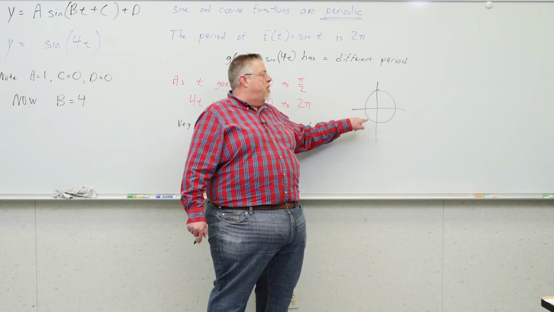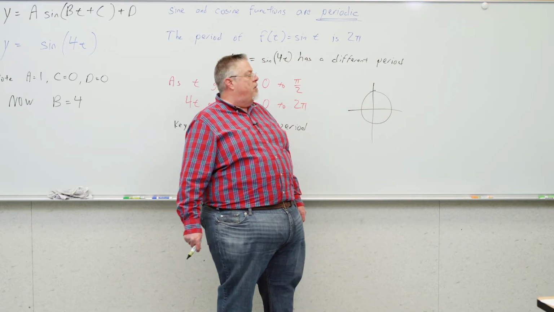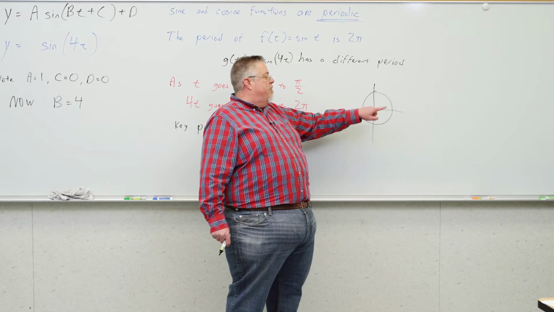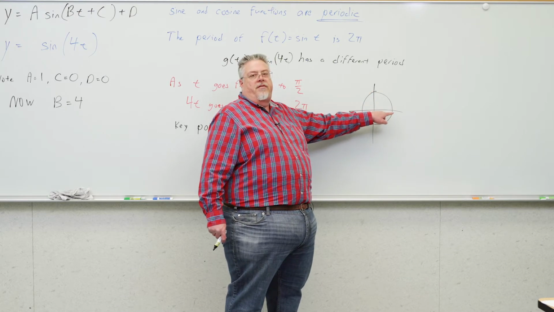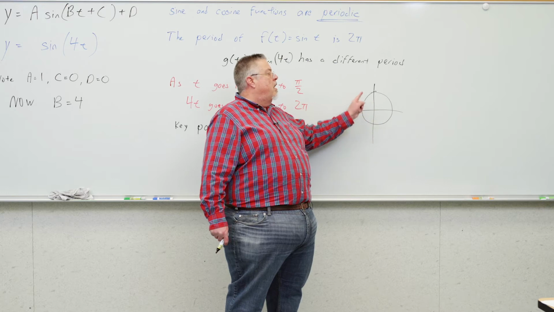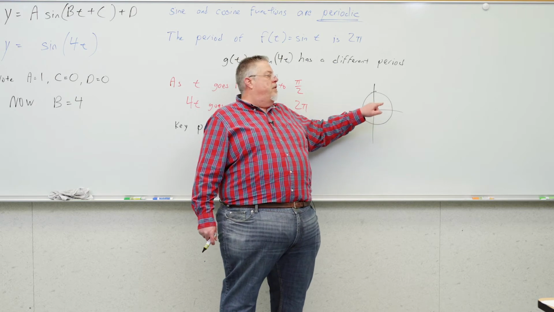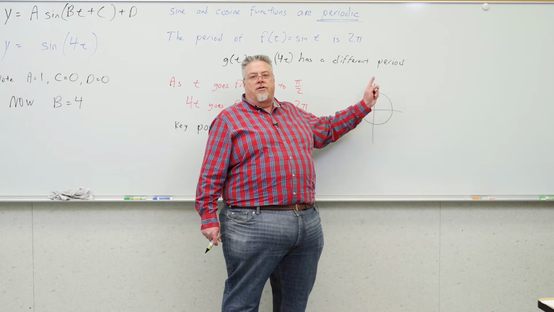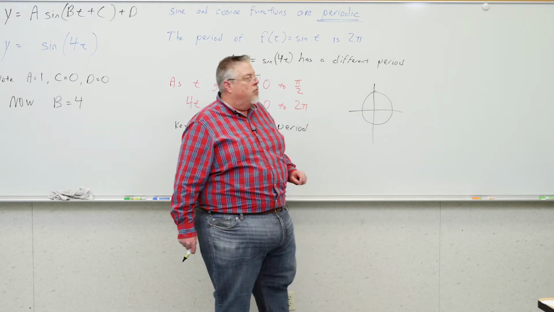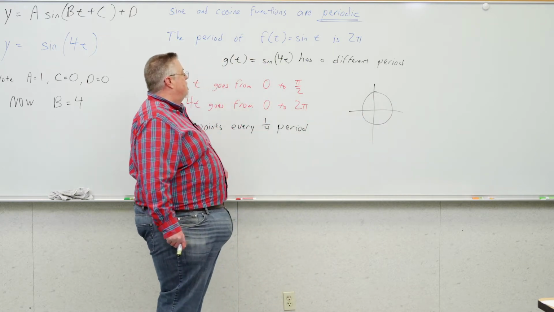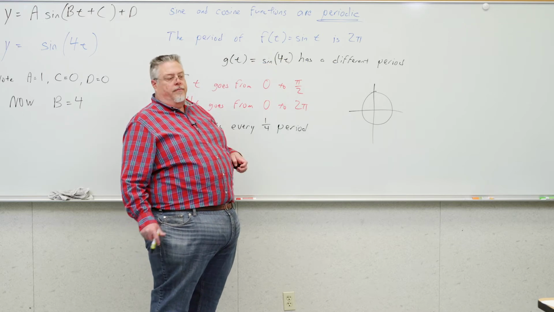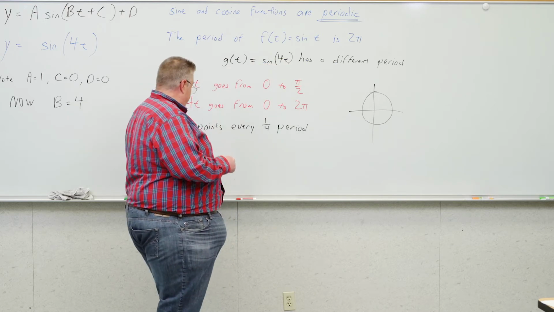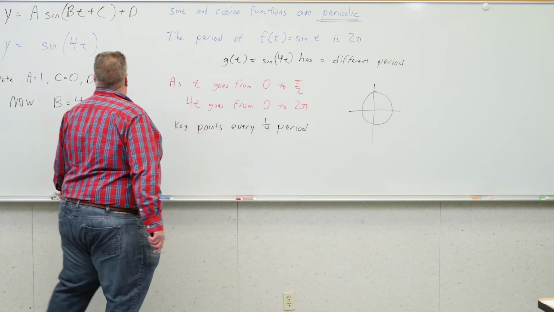So as I complete one trip around the circle, as I complete one period, I have key points 1, 2, 3, 4 steps every period. 1, 2, 3, 4. Every quarter period. In this case, every 90 degrees or every pi over 2. But now again, this parameter here, 4, tweaked the period. Okay.